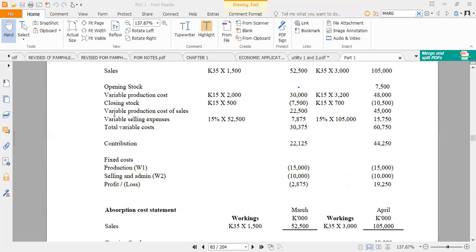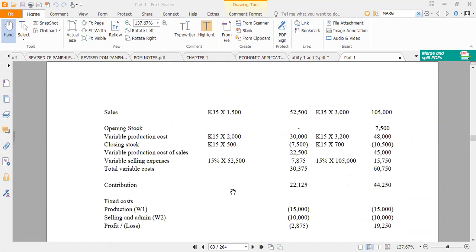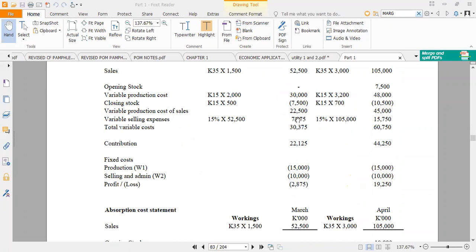Then we add variable selling cost, which is 15% of sales of 52,500, because the question says 15% of the sales value, which is 7,875. Then the total variable cost, we have 33,750. We subtract the total variable cost from the sales figure of 52,500, and we get the total contribution of 18,750.